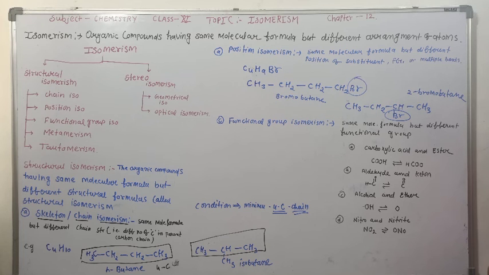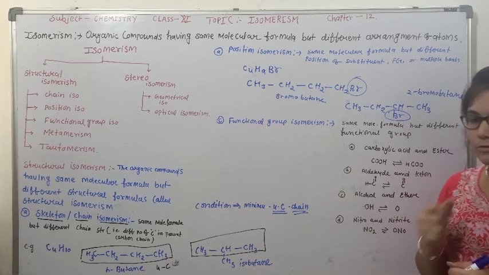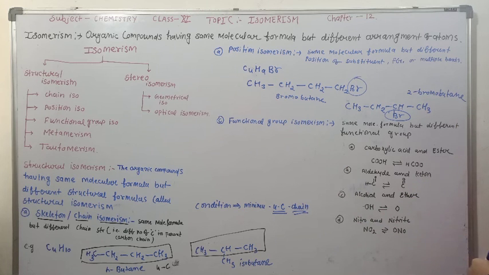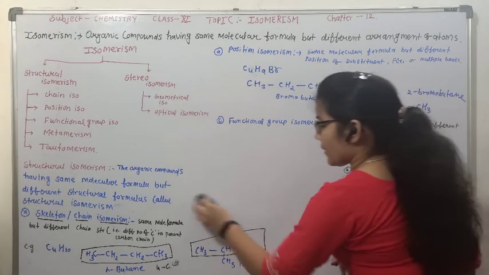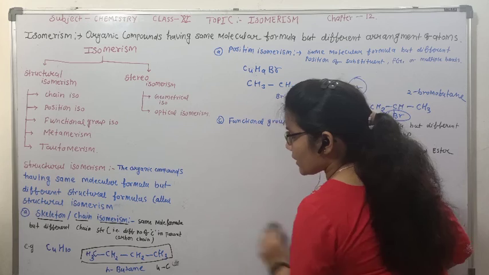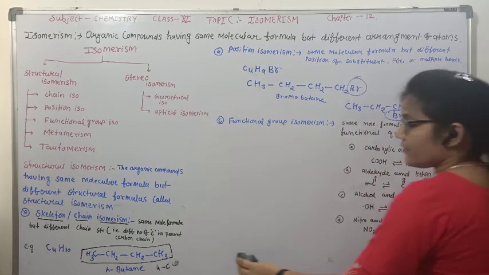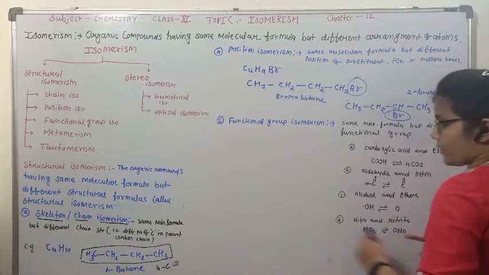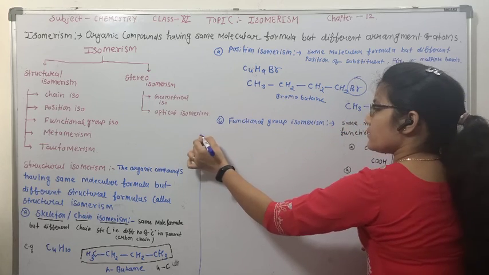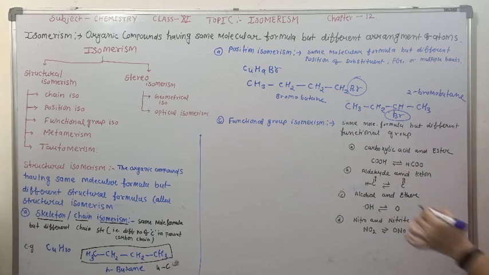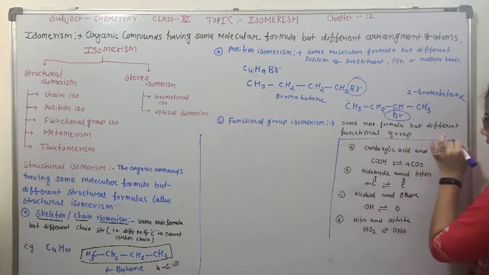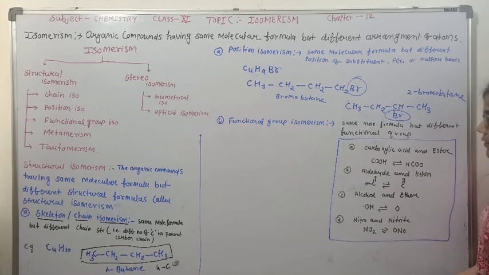Clear? Now, the third isomerism, that is functional group isomerism. In functional group isomerism, the compounds have the same molecular formula but different functional groups. These are functional groups which are quite similar to one another.